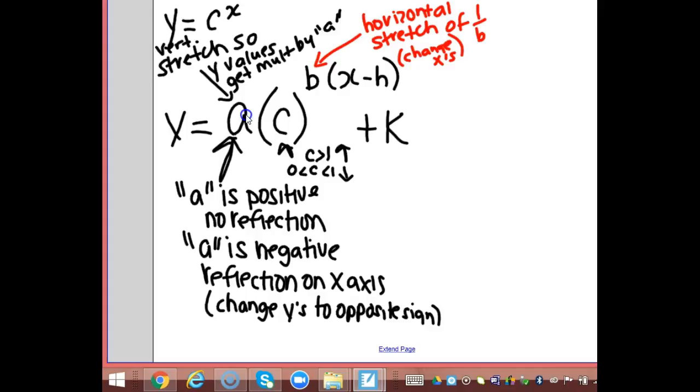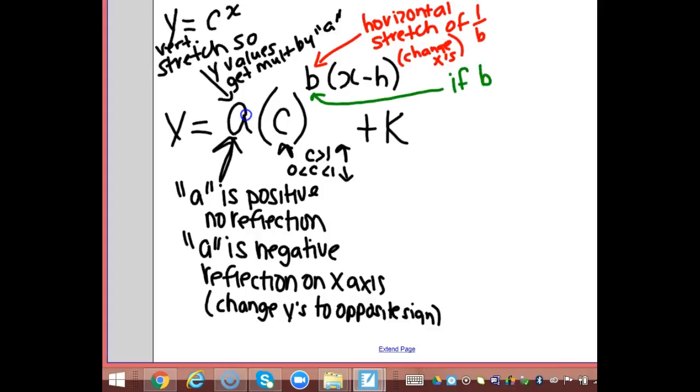Okay, also that goes with B is it could be a reflection also. If B is negative, then you're going to have a reflection on your y-axis, meaning your y-axis is the mirror and all your x values are going to change to the opposite sign. So I'll try to add that in here.